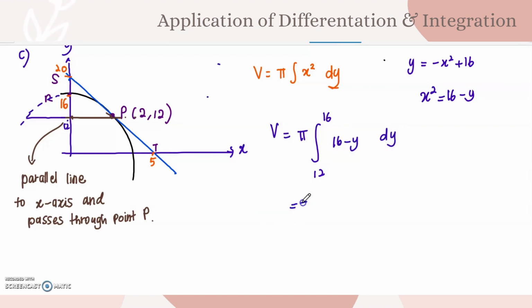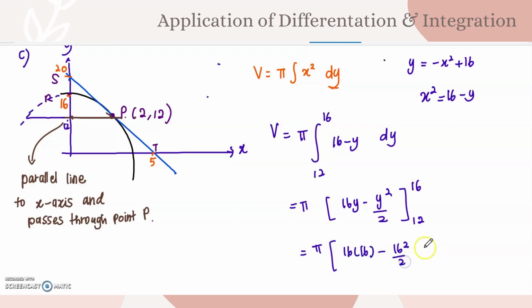So we integrate this part: 16y minus y squared over 2, and we substitute the limit 12 until 16. So we get the volume. You have to subtract: 16 times 16 minus 16 squared over 2, and then we subtract 16 times 12 minus 12 squared over 2.